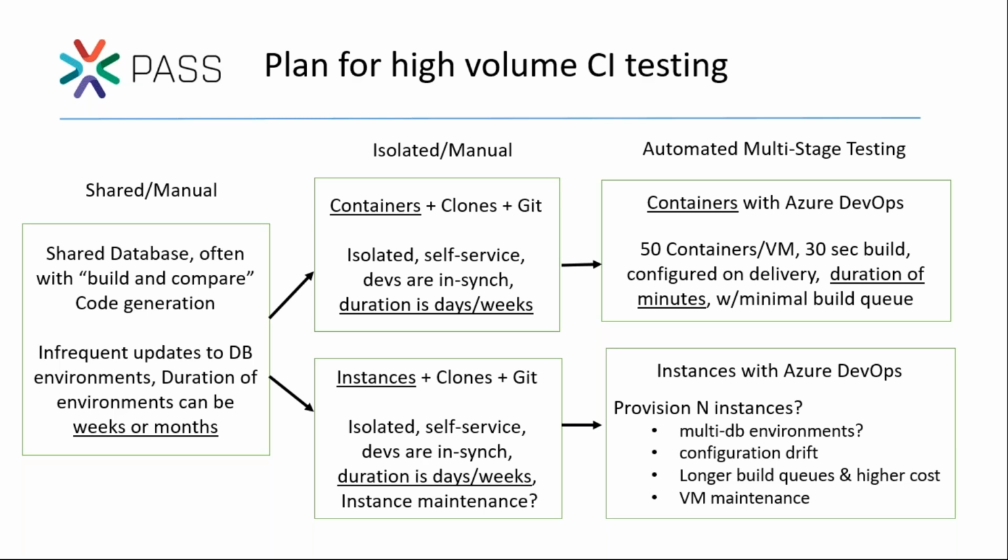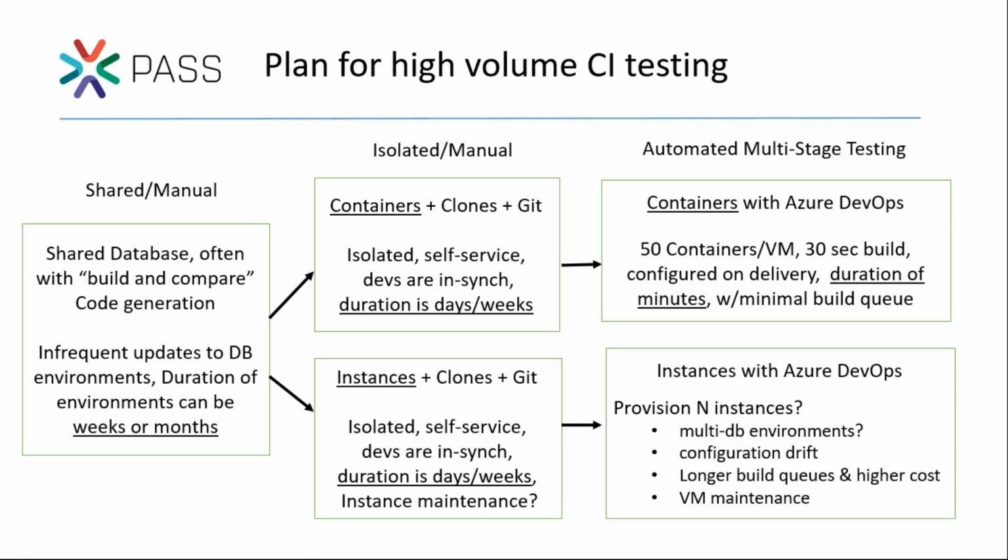A single 4-core VM, and I'm going to demo a VM shortly, can support up to 50 SQL Server containers. So a 4-core 16 or 32 gigabyte configuration can support up to 50 environments with a 30-second build time.